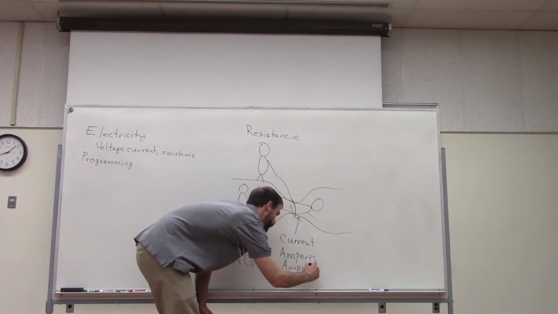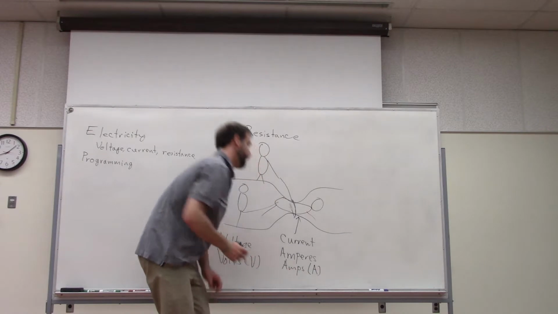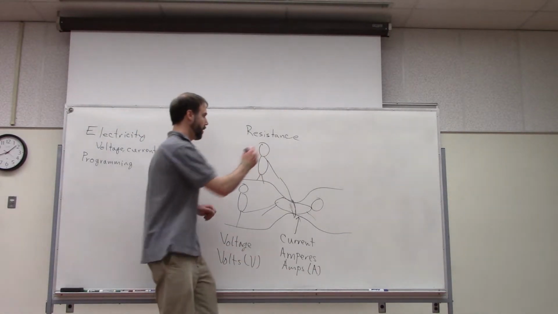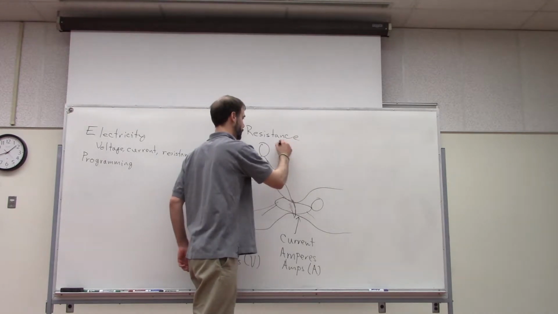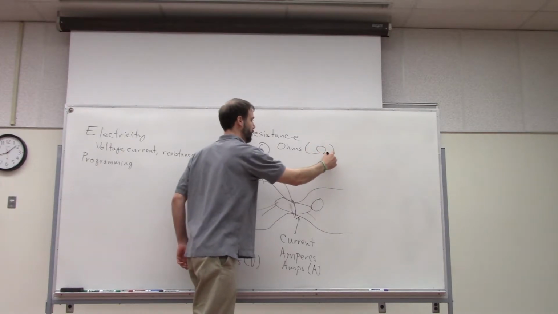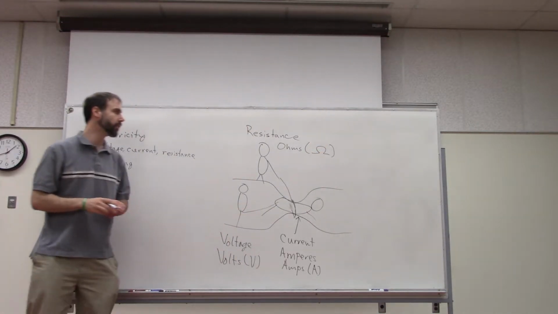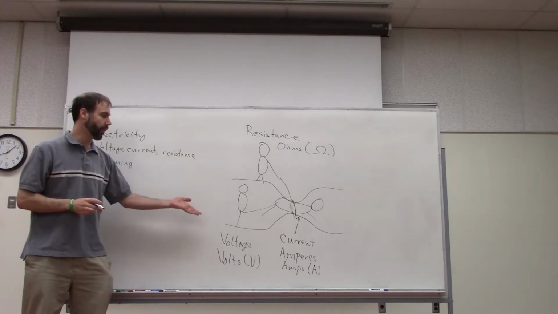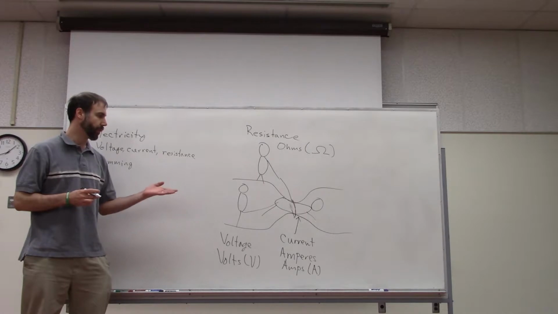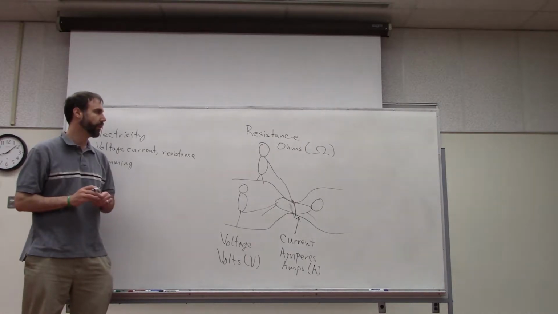And they're often abbreviated just with a capital A. And then the unit for resistance? Ohms. And that is abbreviated omega, like you said. So these are a couple of the important concepts that we're going to be looking at throughout the rest of the semester, and these are the units for them.